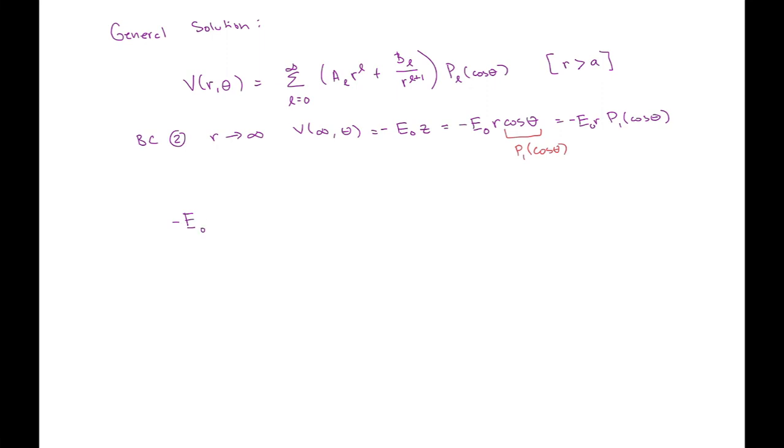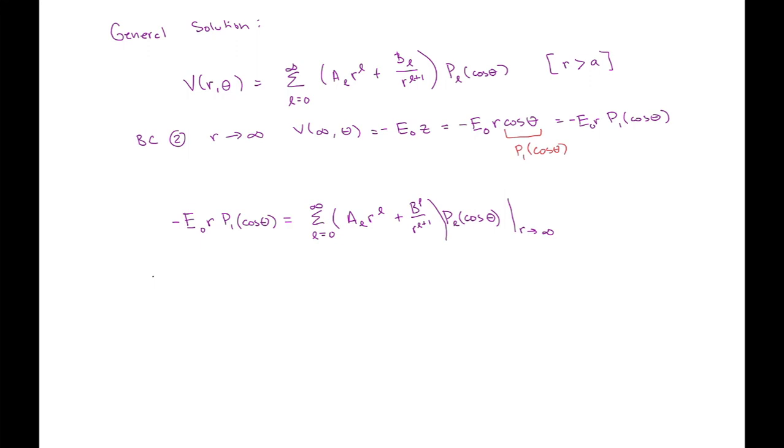I get negative E naught r times the polynomial for L equals 1, not the first one, because the first one is at 0. That has to be equal to the sum over our L values of this guy, as r goes to infinity.